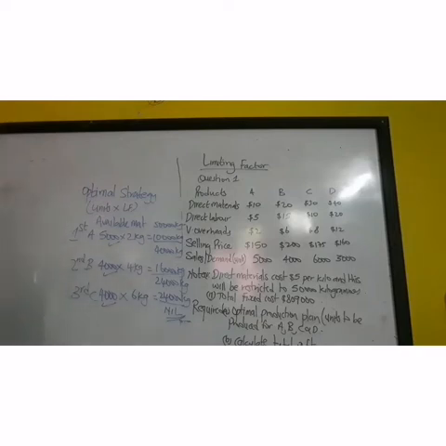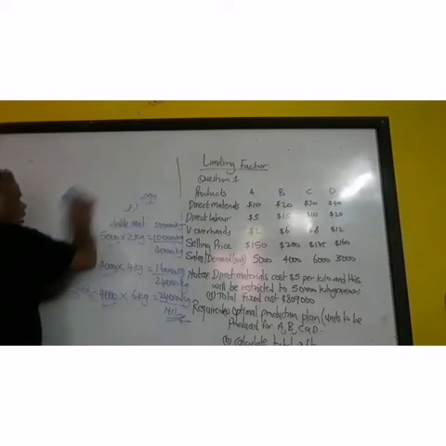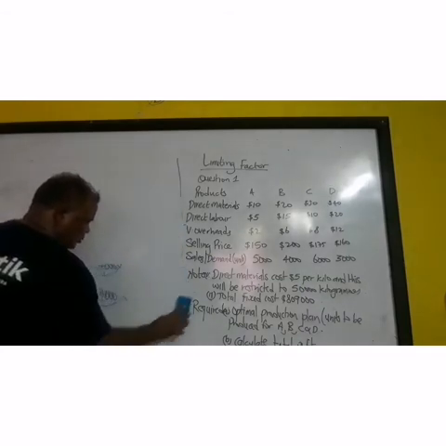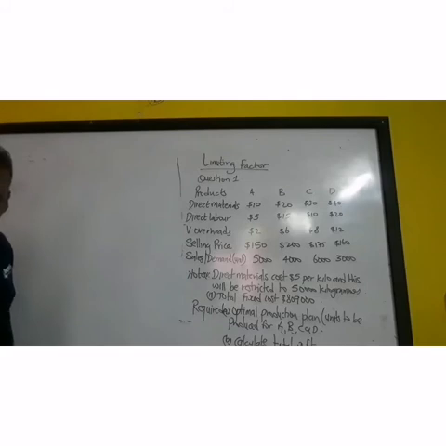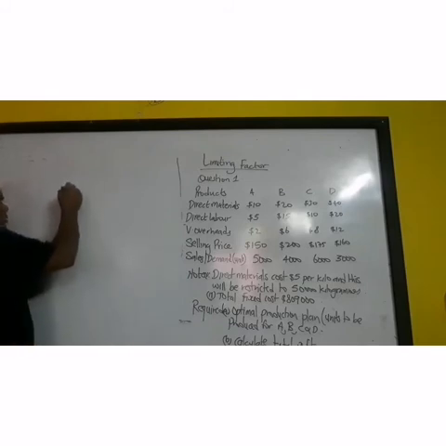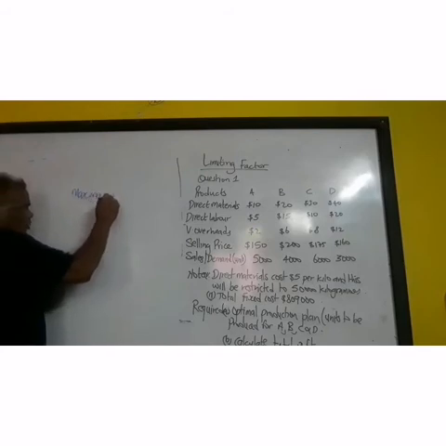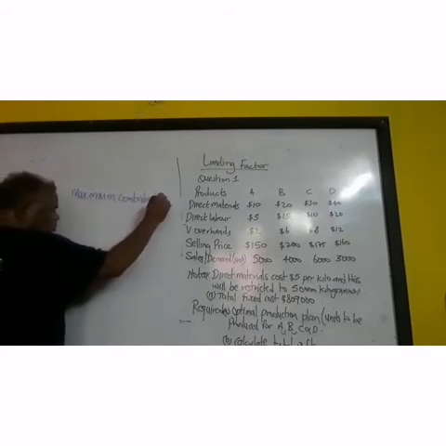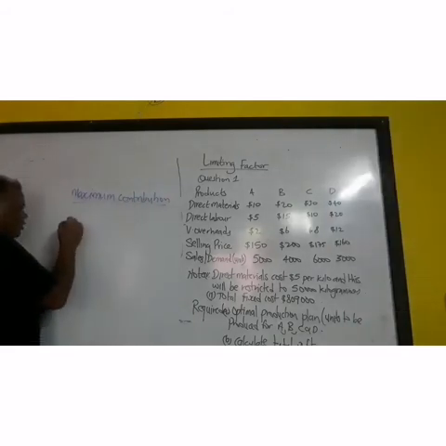We have maximum contribution, and then we calculate maximum profit, total profit. So this one is very easy. Maximum contribution. We take the first one, A. What is the contribution per unit for A?